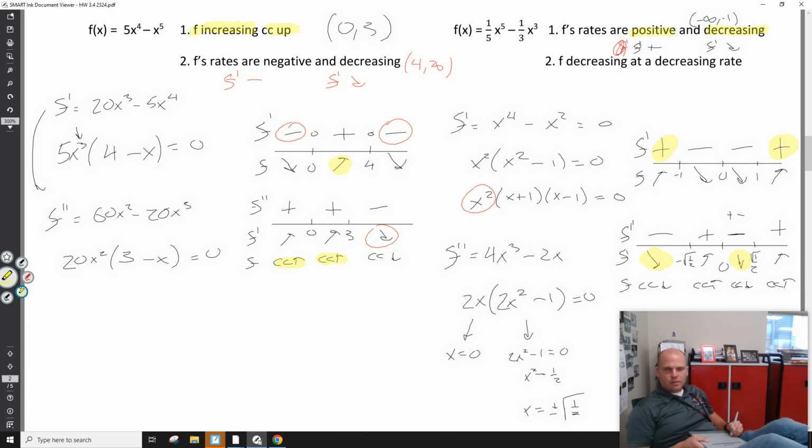F is decreasing at a decreasing rate, F's rates are decreasing. So decreasing rate will be from 0 to root 1/2.